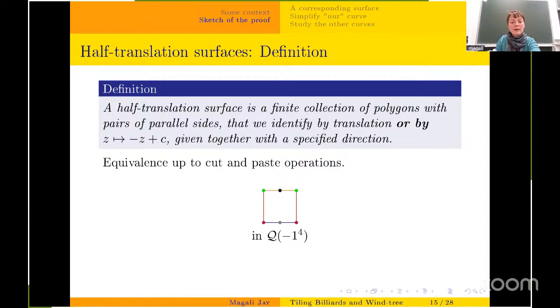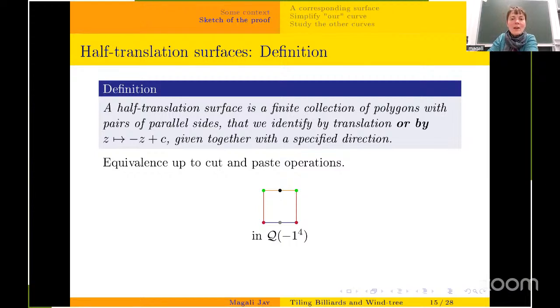This is for quadratic, because we can also see these half translation surfaces as quadratic differentials on Riemannian surfaces. And here I wrote -1 to the 4 to say that there are 4 points with a defect of pi, with a conical angle pi instead of 2 pi in the flat case.